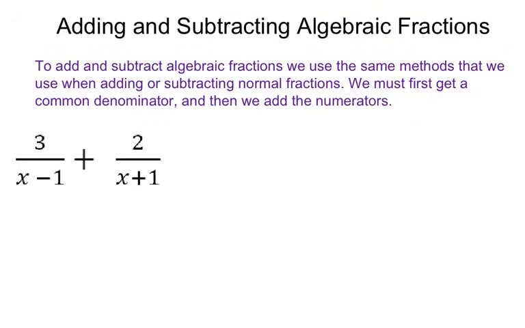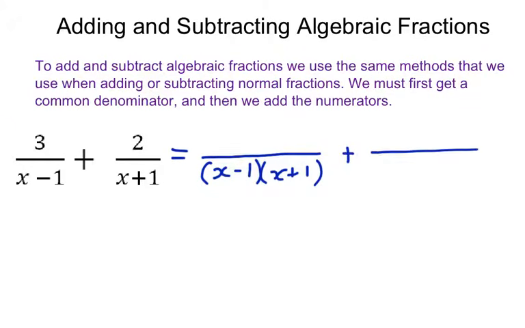This example is very similar. We have x minus 1 and x plus 1 on the bottom, so we're going to multiply each of them by the other. So the first fraction is going to be over x minus 1, x plus 1, and the second one is going to be over the same thing, x minus 1, x plus 1.